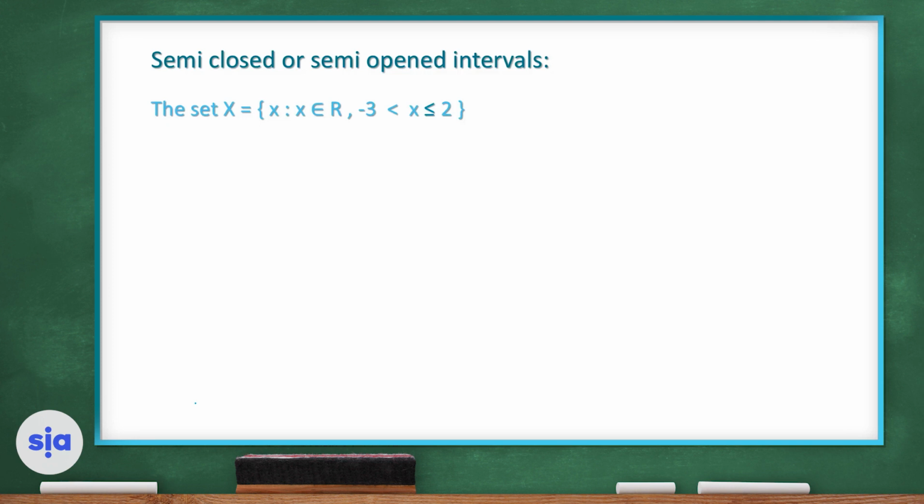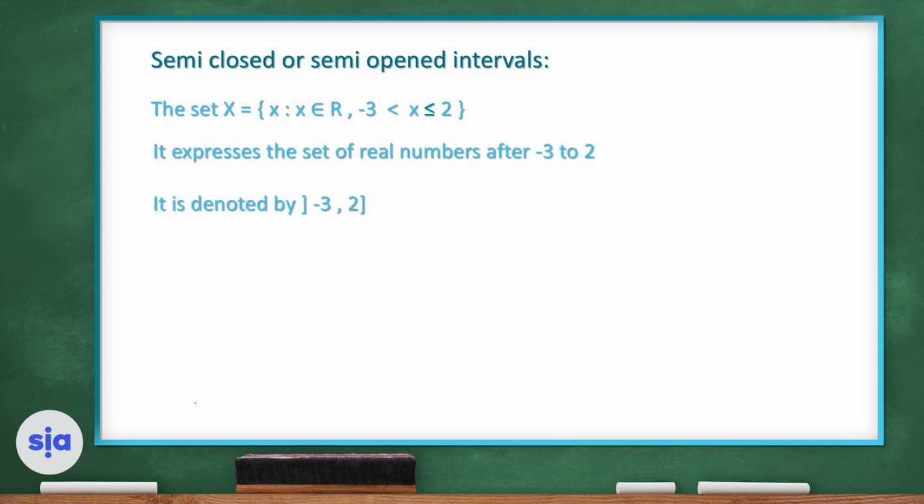So x starts from the -3, but the -3 is not included, until it reaches the 2, but the 2 is included. So if I write the interval, it will be from -3 until 2, but the bracket at -3 is reversed. That's why we call it an opened bracket. So the values of x here start after the -3 until it reaches the 2.